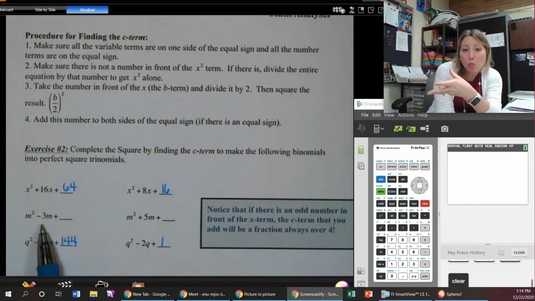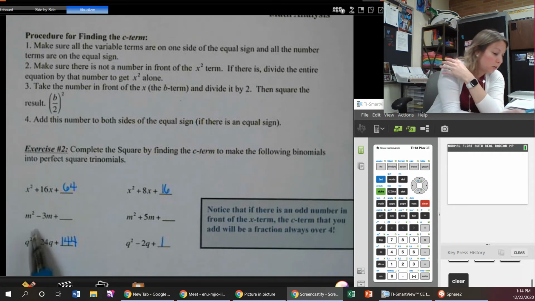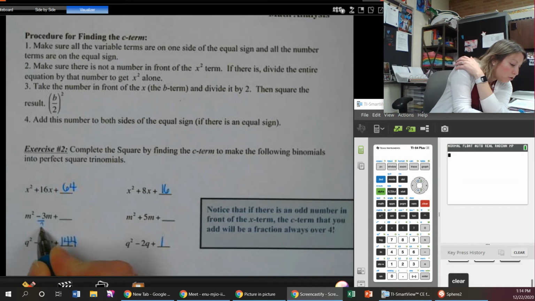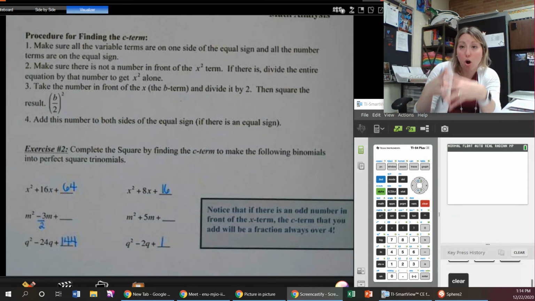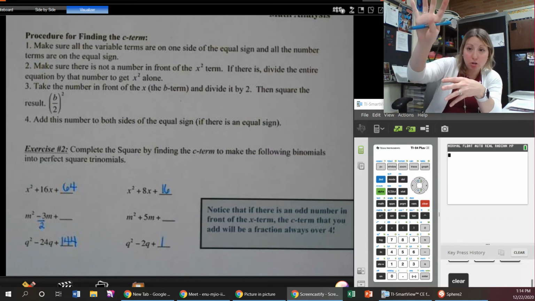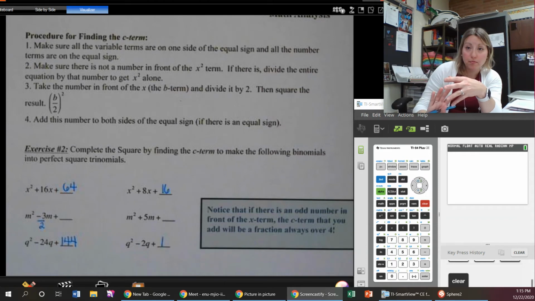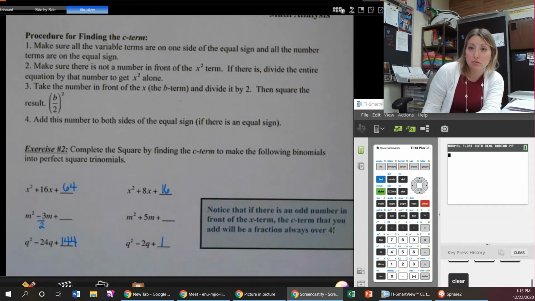It's always over 2, right? So this is negative 3 divided by 2, and then square the top and bottom. So it's always going to be adding the odd number squared over 4. Because what is 2 times 2 always going to end up being?